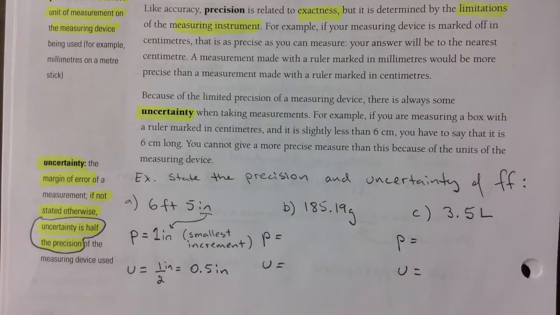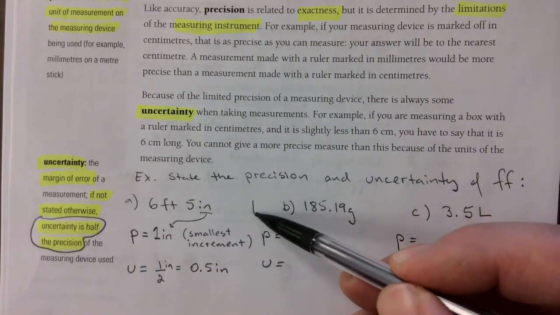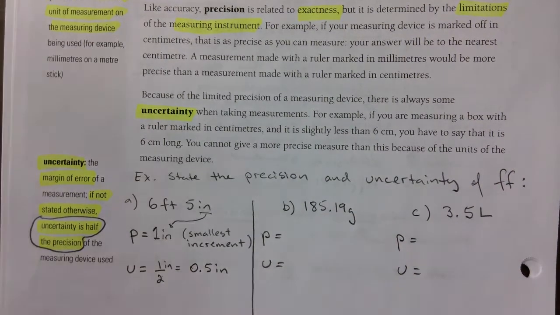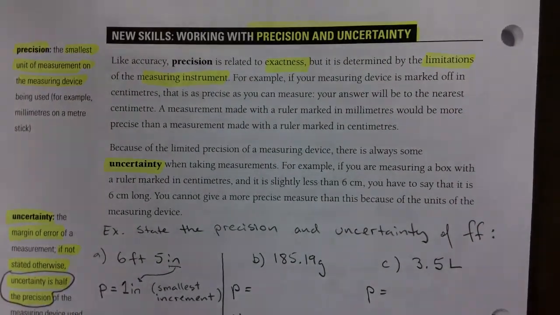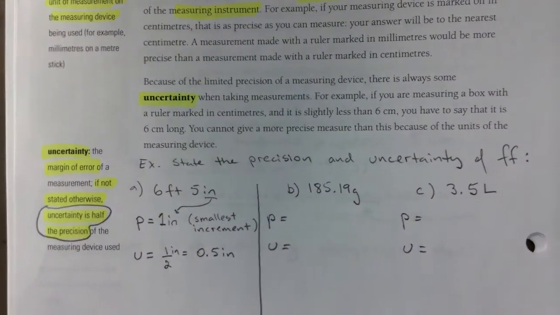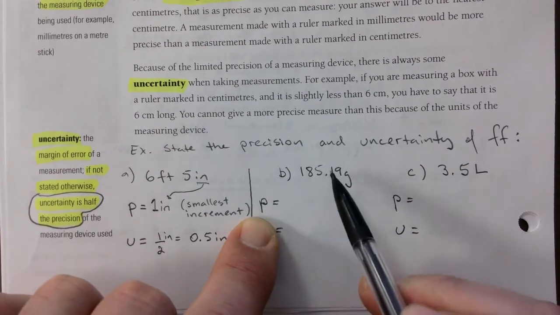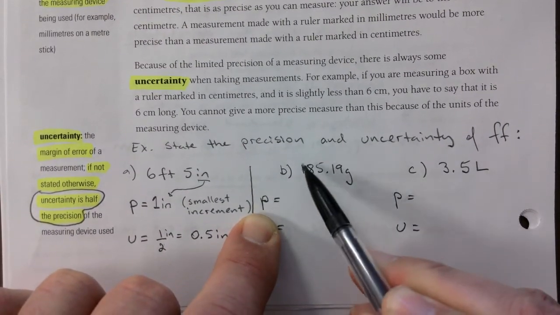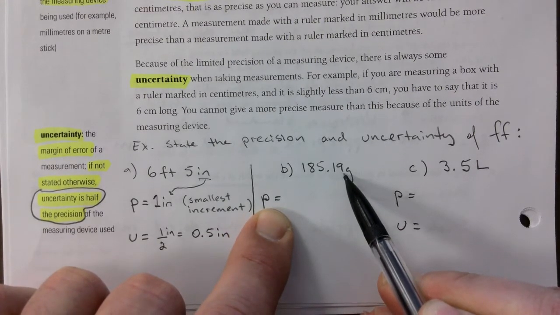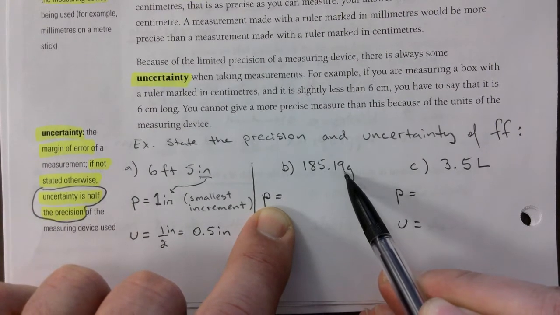Okay. So I'm going to block this off here, like that. Let me just move this a little over. Next, the precision here. So we look at this measurement, you focus on the smallest. This is the smallest increment right here. So what would the next one be?